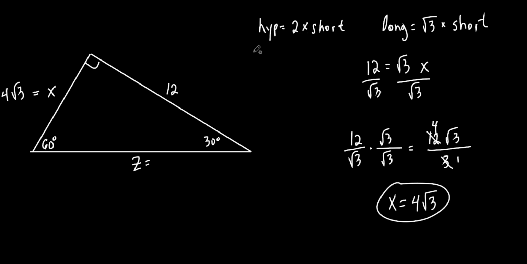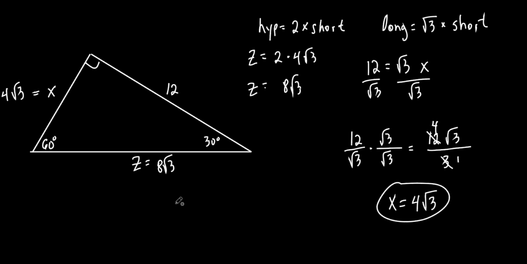It's twice the short side. Hypotenuse is z, so it's 2 times the short side. What's the short side? It's 4 square root of 3. So what's the math? 2 times 4 is 8 square root of 3. So that's what z is equal to right there. It's 8 square root of 3. Make sense?